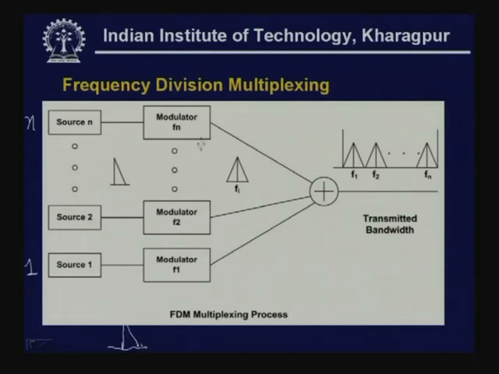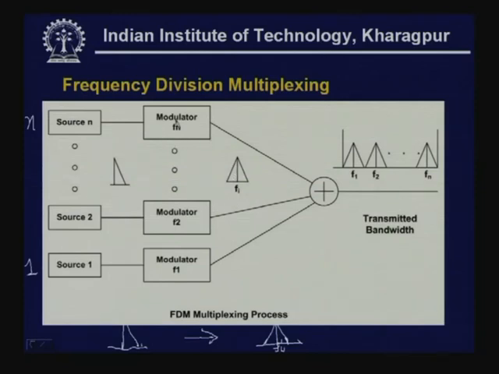As you do the modulation using a frequency Fi, as we know, after amplitude modulation the bandwidth becomes double around Fi, and the frequency of the carrier is Fi.